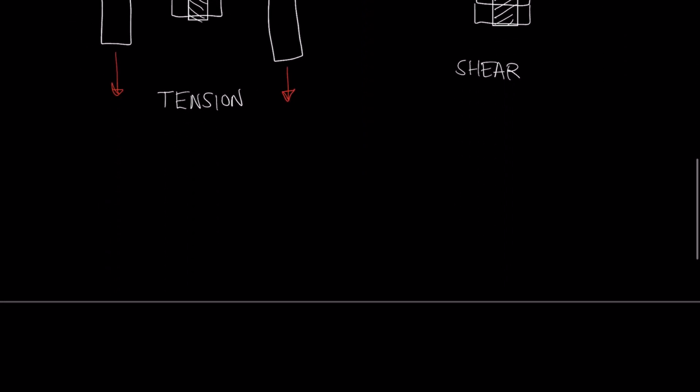Next, let's talk about the different styles of fasteners. You may have heard these terms used interchangeably, but there is a technical difference between a bolt and a screw and a stud.